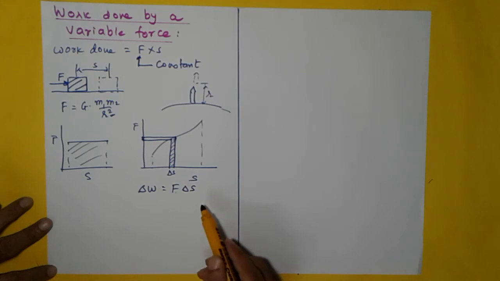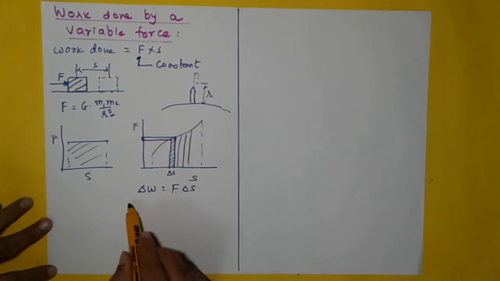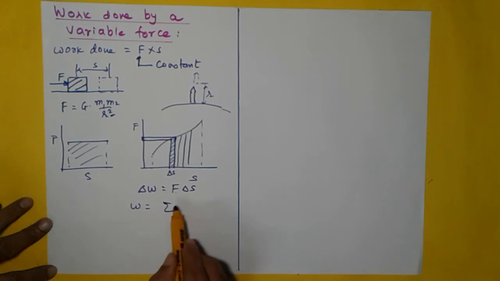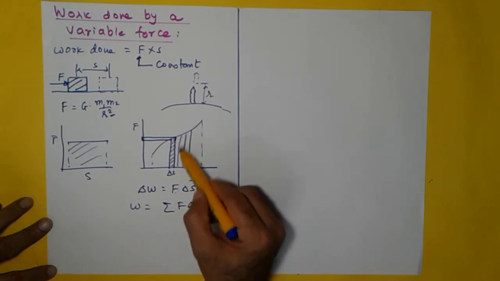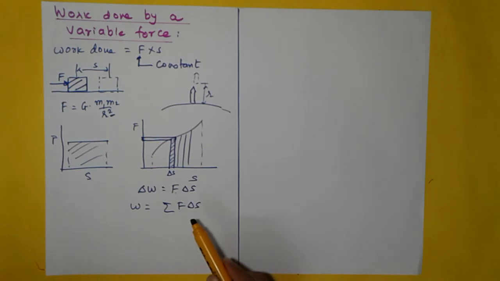F is constant over the strip. If I take such small strips throughout, the total work done would be sigma of F delta S. If I keep on adding these strips, I'll get the total area below the graph and be able to find the work done.